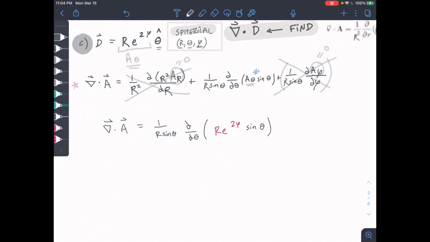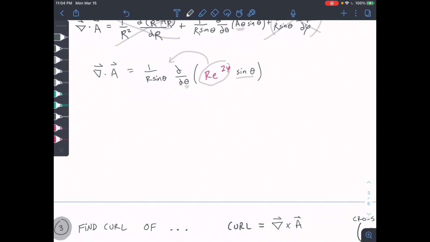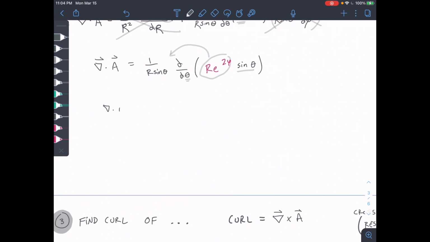Okay, so all right, what can we take out here, right? So we're taking a derivative with respect to theta. We have a theta piece, so we can treat everything else like a constant, and we can pull it to the outside. If we don't have a theta piece at all, the whole thing is a constant, and the derivative is 0. We'll hopefully see that a little bit later down.